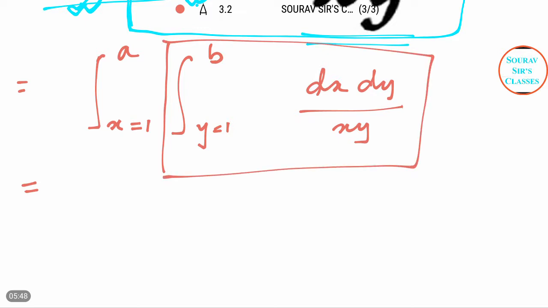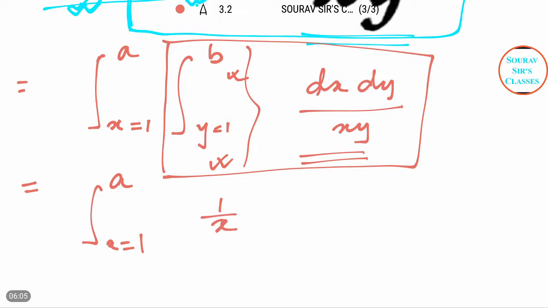So we can write integration x equals 1 to a, and with respect to integration y equals 1 to b, we can write 1 by x, that is the constant part, so 1 by x we will take out, and integration 1 to b of 1 by y dy.